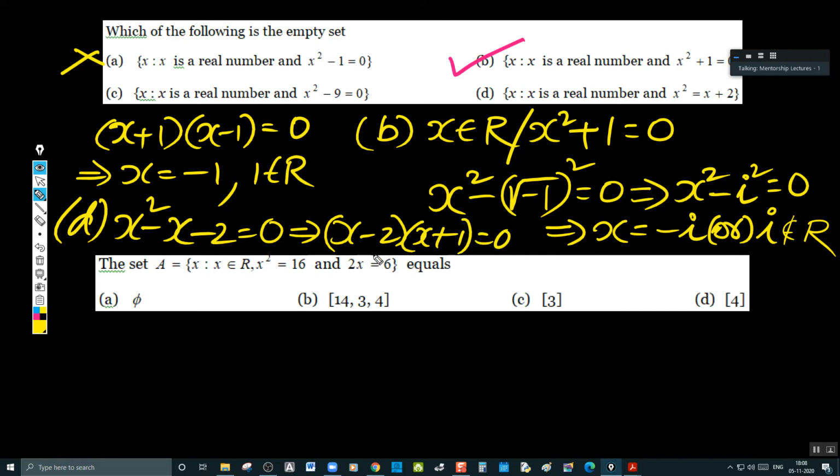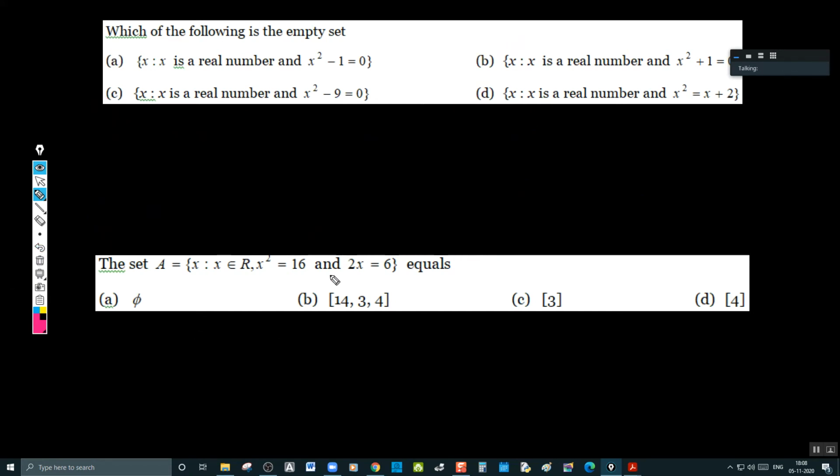Here also you are getting x values, 2 and minus 1. So all these are real numbers only except B. So B is the empty set. I hope you understand, I need not extend this. Coming to the next problem.